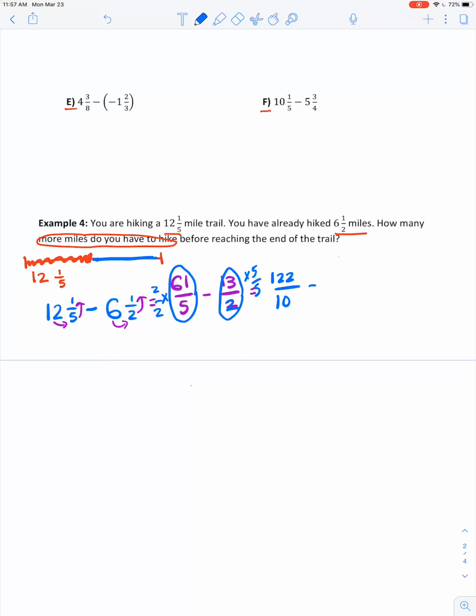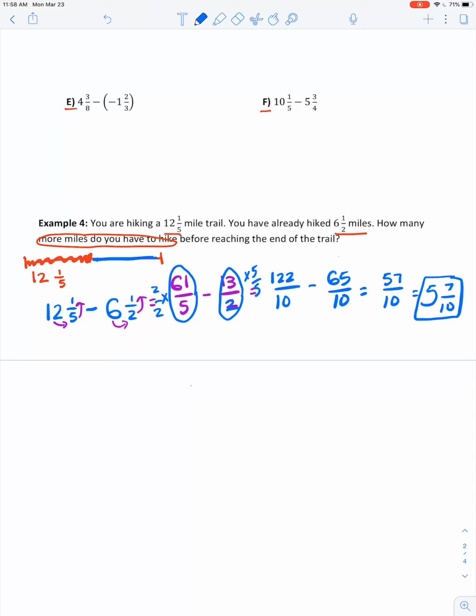So 13 times 5 is 65, and 2 times 5 is 10. 122 minus 65 is 57 over 10. Okay, and similar to up above, there are 5 tens that fit in 57 with 7 left over. So it is 5 and 7/10.